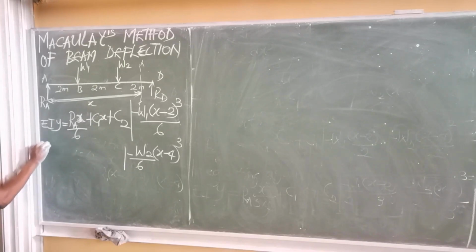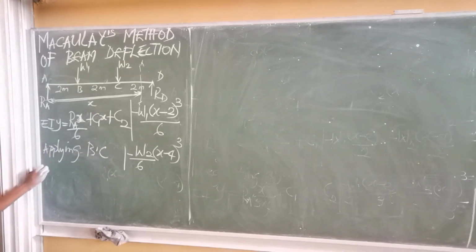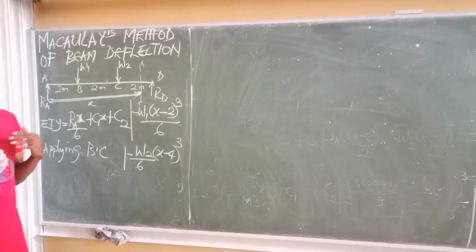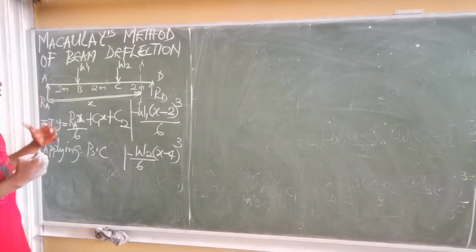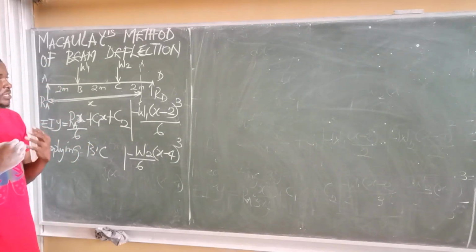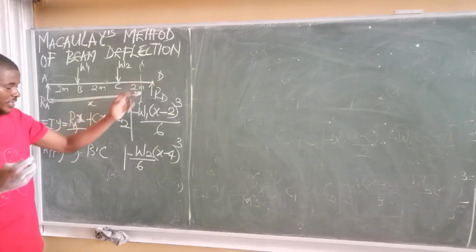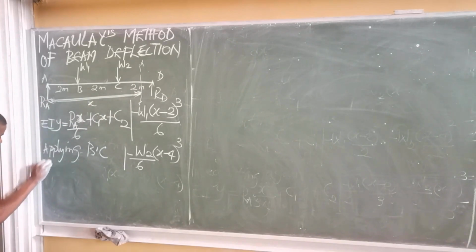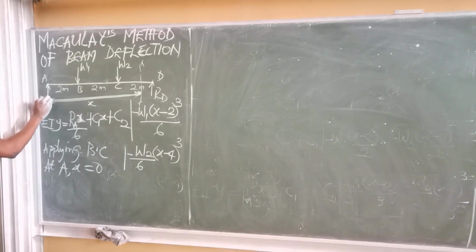Applying boundary conditions. BC simply stands for boundary condition. We have two conditions to apply here. The first boundary condition is at point A. That's the first boundary condition. And the final boundary condition is when X finally runs down towards point D. So at point A, X itself is equal to 0, because at this point, X doesn't have any distance.